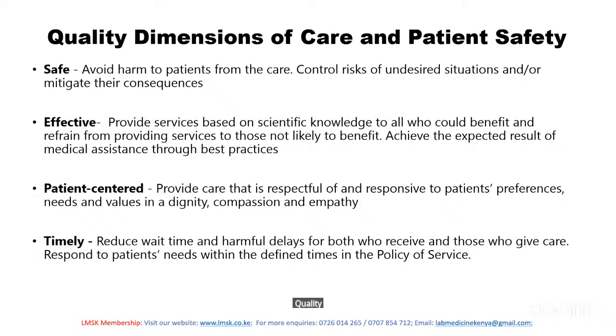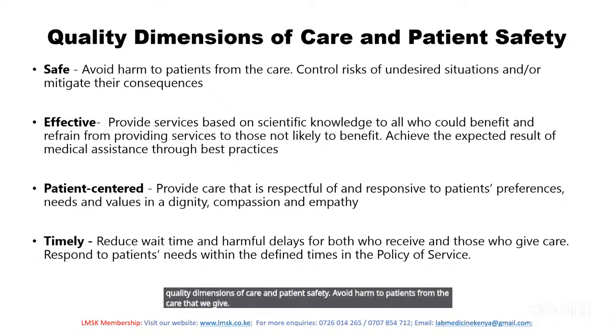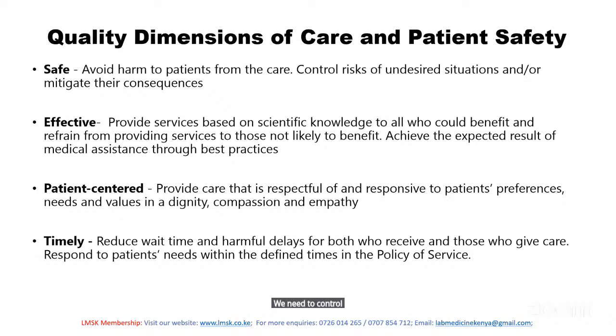Quality dimensions of care and patient safety. Avoid harm to patients from the care that we give. We need to control risks of undesired situations and mitigate their consequences. The quality care we provide should be effective: the services should be based on scientific knowledge to all who could benefit, and refrain from providing services to those not likely to benefit.